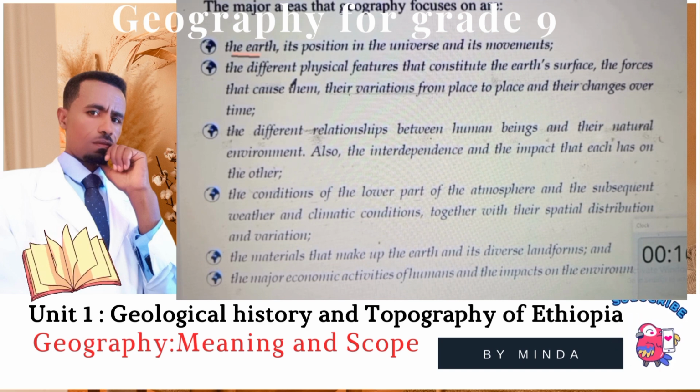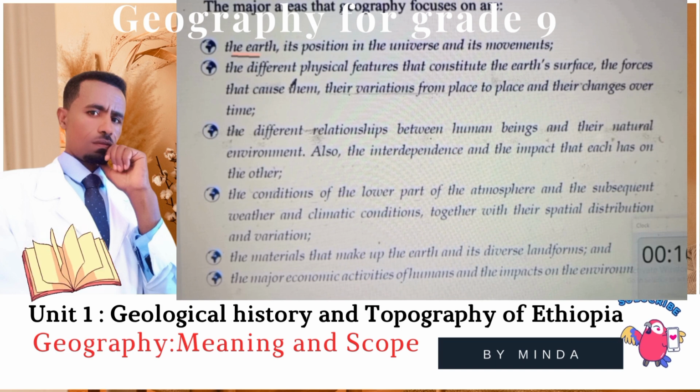The Earth is one of the main focuses of geography, and the position of the Earth in the universe and the movement of Earth in the universe is studied under geography.